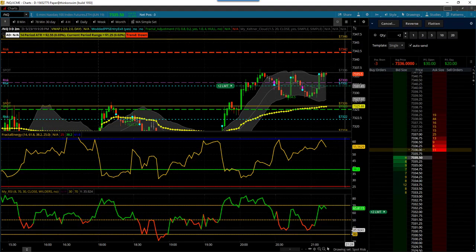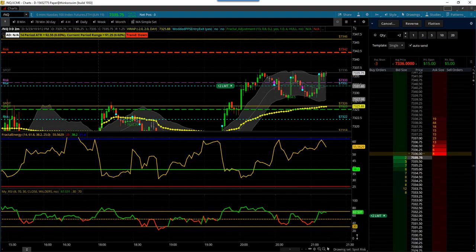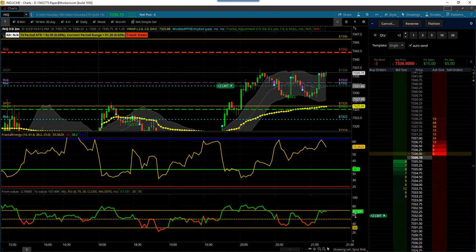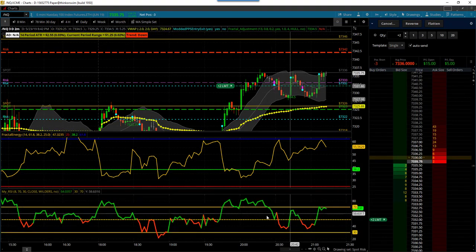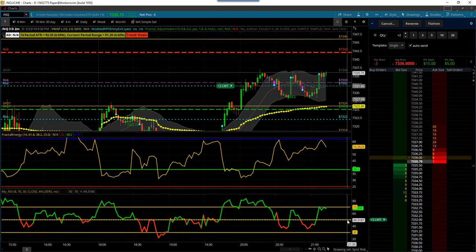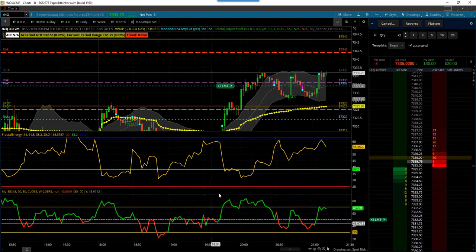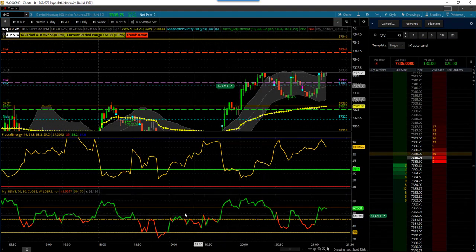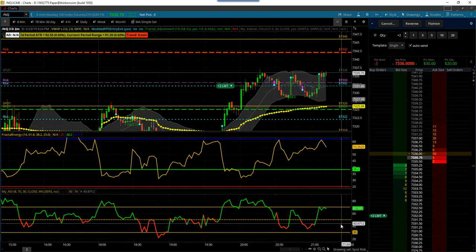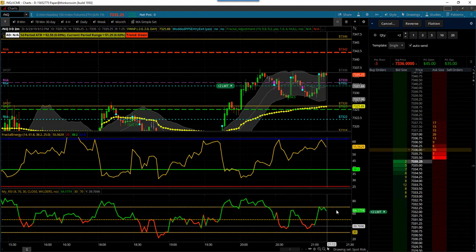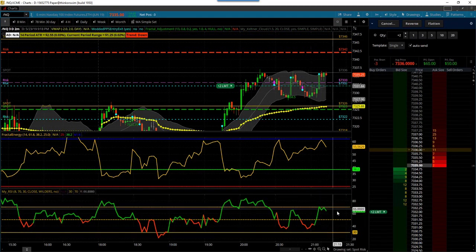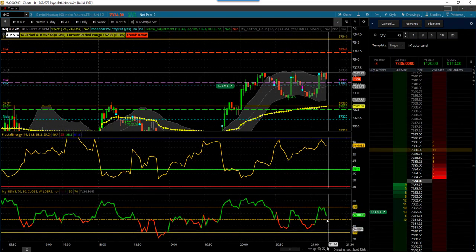I don't look at it as a 0 to 100 indicator. And so I added the line at the 50, and then I changed the color code. Anything above 50 is bullish, anything below 50 is bearish. Makes it very easy to quickly see where we're at.